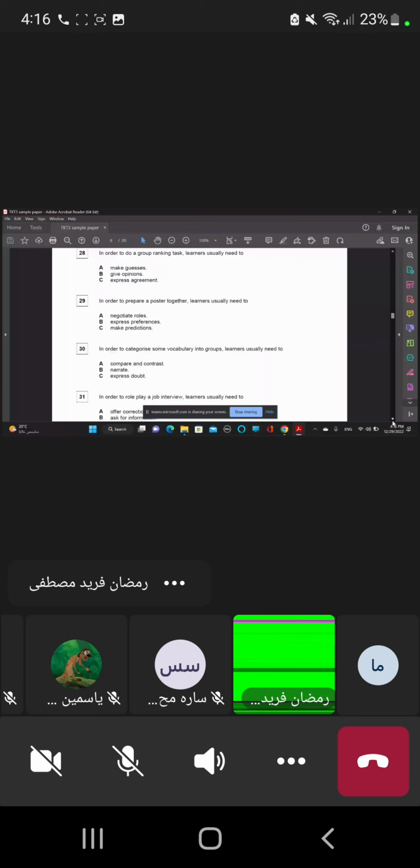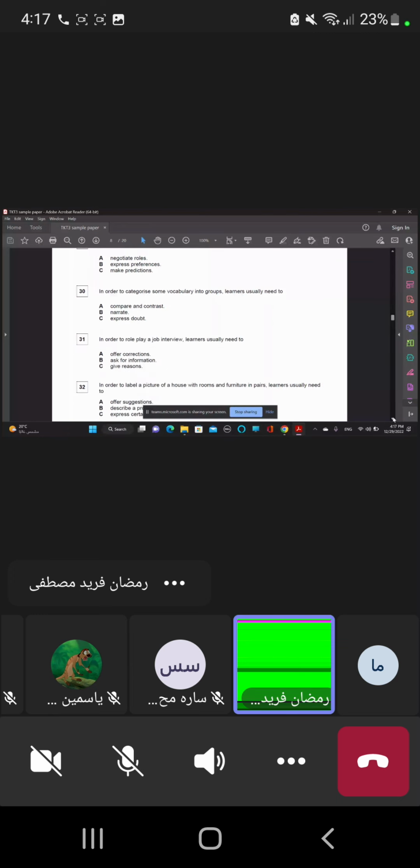We are making a poster, like the advertisement poster. Learners need to negotiate roles. Yes. Express preferences. Yes. Make predictions. No, it is not suitable to the first one. That's why the correct answer here would be C.